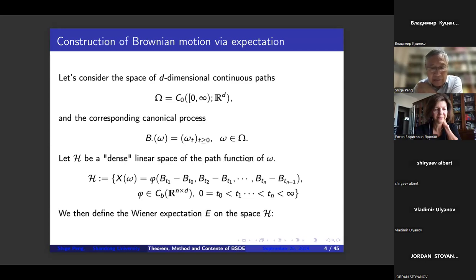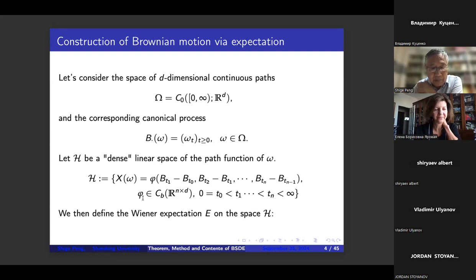It is a random variable, a function of the path.